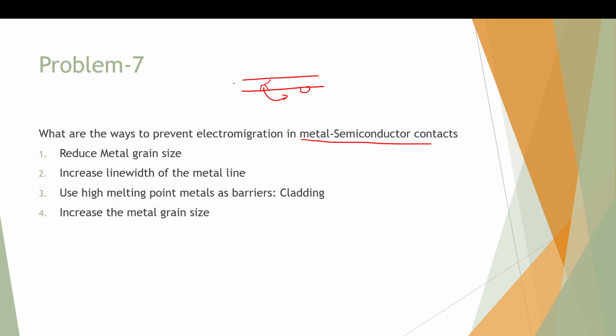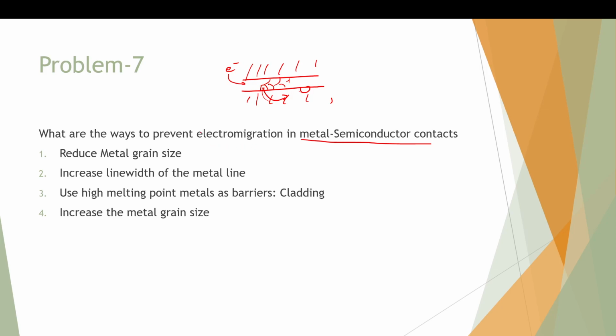This usually happens because when we are flowing current through this, just by the momentum of the electrons, some of the grains in the metal might get knocked off. The layer below is a semiconductor, and on top of that there is a metal. So this metal can get knocked off and can migrate to some other place when we are flowing current for a longer time through the same conductor.